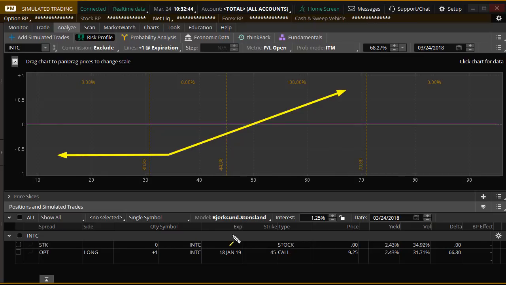That's a long call. If we choose, and we should choose, we want to manage that with a stop loss so that we don't take the maximum loss. And we manage that with a simple conditional order.